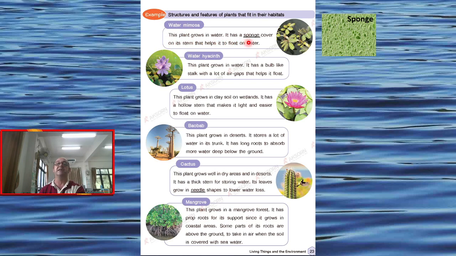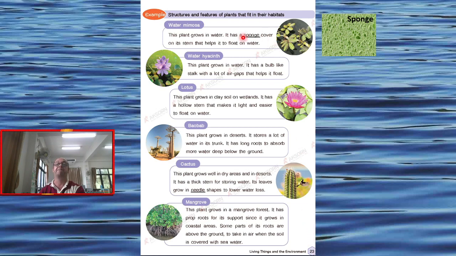It has a sponge cover on its stem that helps it to float on water. If you look at this picture here, this is page 23, your science book. Look down here, page 23.